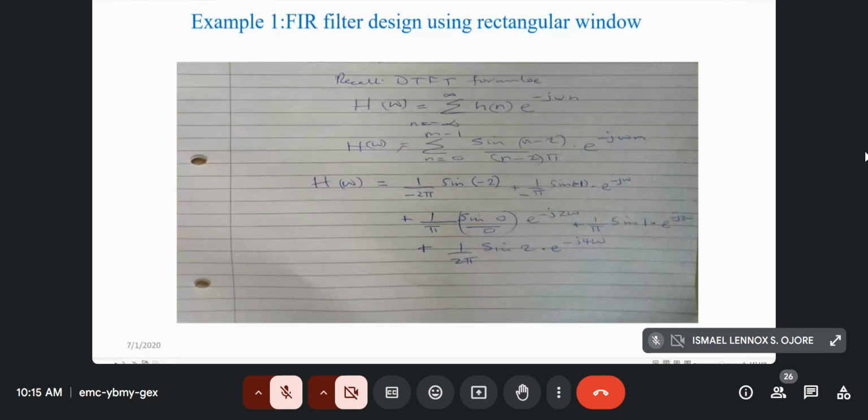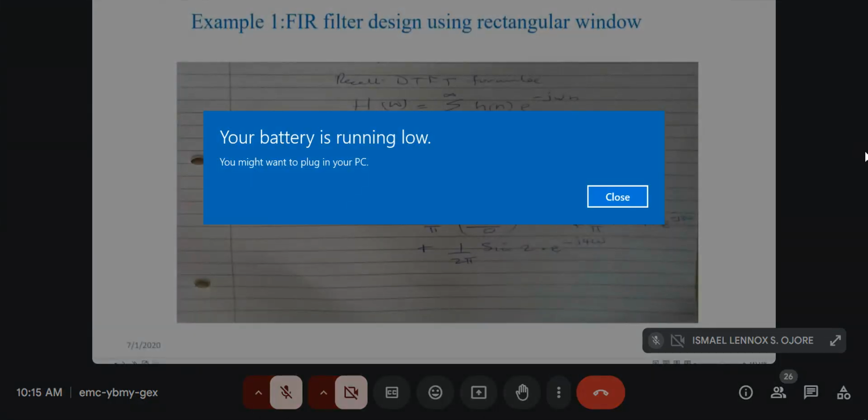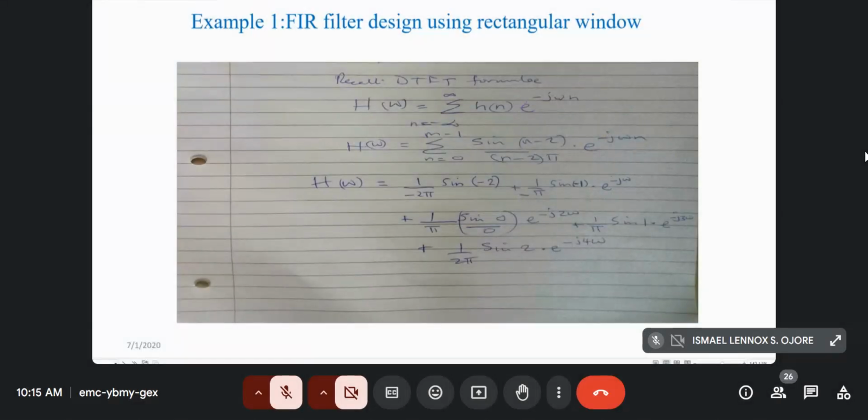So H of omega is equal to this. The summation is, of course, now from n is equal to 0 to n minus 1 of sin of (n minus 2) over (n minus 2) pi, times e to the minus j omega n.